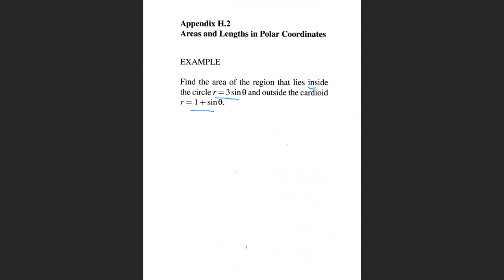Okay, so again, what's the first thing we need to do for this problem? In order to solve this problem, to find this area, what's the first thing we need to do?